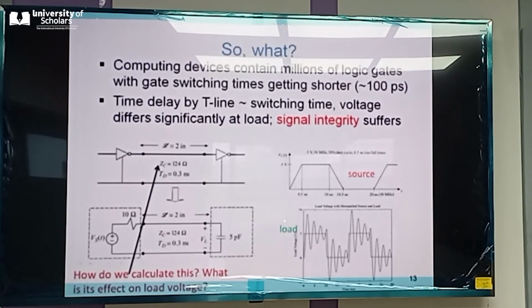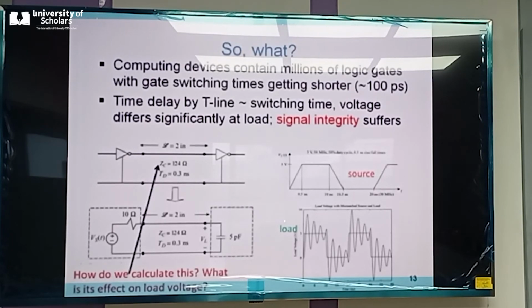So electromagnetic theory comes here. So you will see overshoot and you will see undershoot. Now this is something that one would not expect if you go simply by the circuit theory.